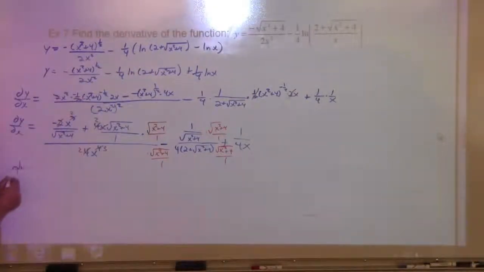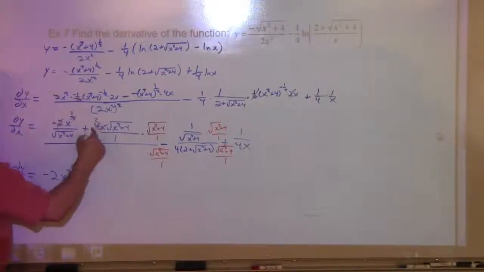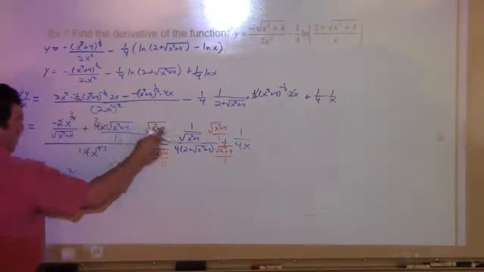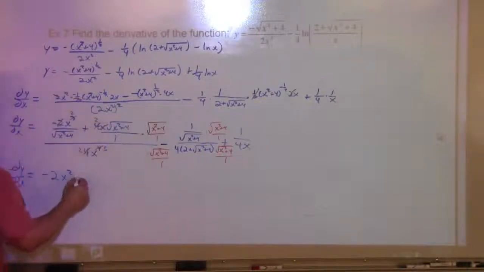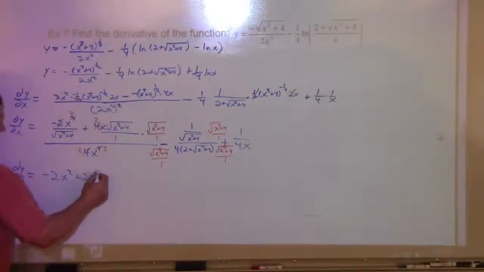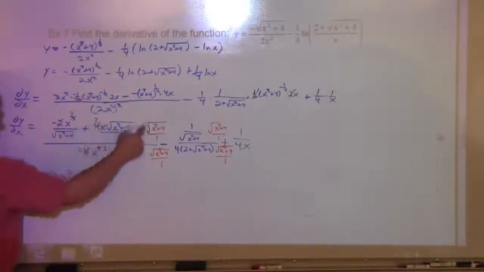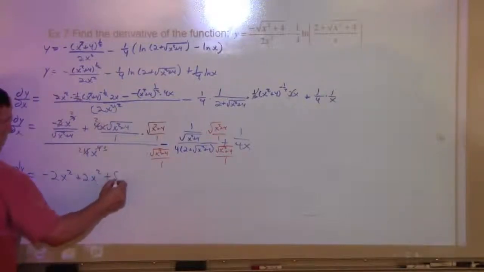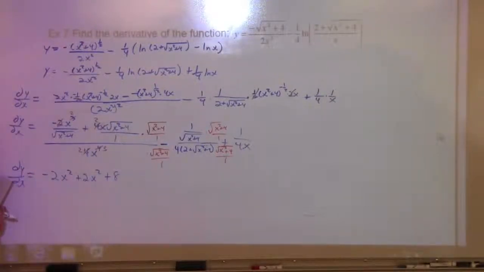So that my dy dx is going to end up being, this would cancel here, negative 2x squared. You end up with a 2 times what's in here, those multiply out. So plus 2x squared plus 8. So these are going to go away, aren't they?